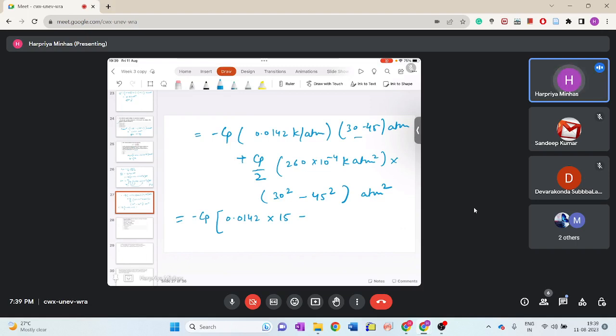So this will be again minus due to this one, minus 260 into 10 to the power minus 4 divided by 2 into, so after making the square of this and subtracting the value, you will get 1125. Right, this is the value that you are getting after subtracting this 30 square and 45 square.